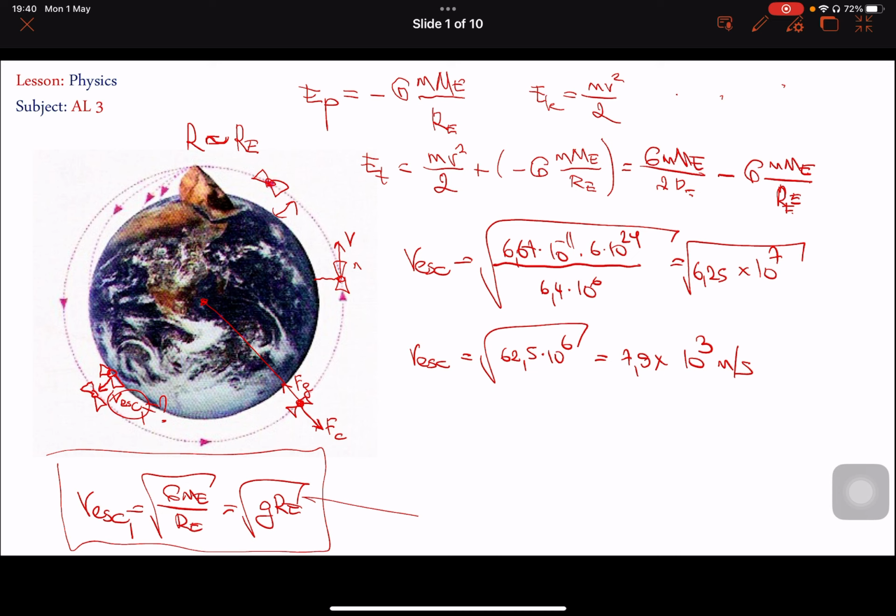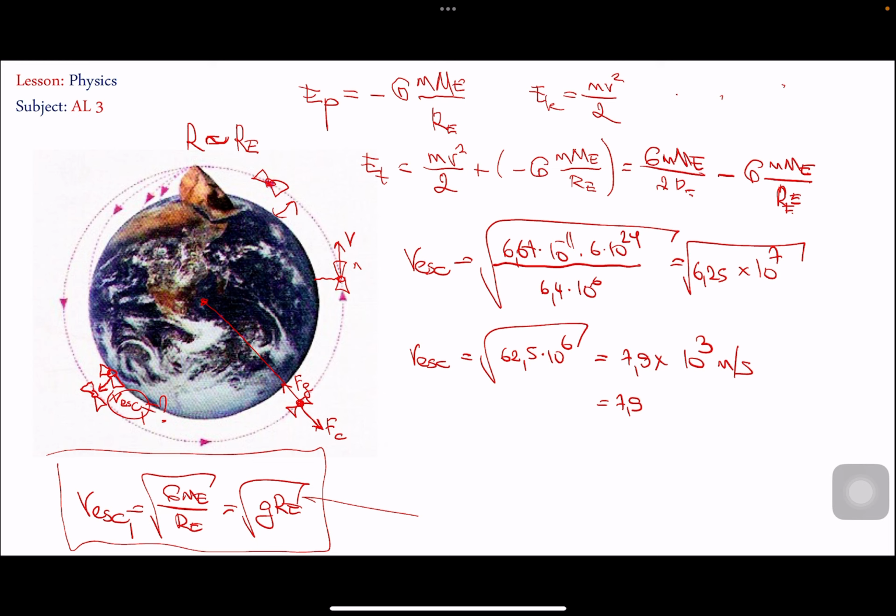Again, that's the speed needed to launch the satellite from the surface of Earth to a certain orbit. Well, I can write it in terms of kilometers, of course, 7.9 kilometers per second. That's the speed that you need to give to a satellite in order to launch it from the surface of Earth to this orbit.